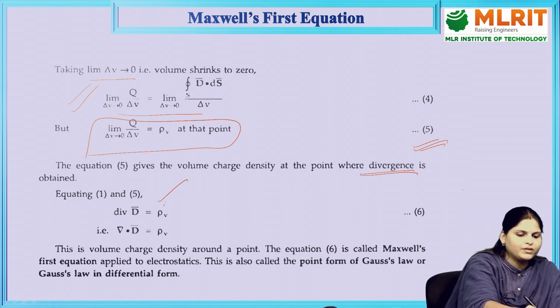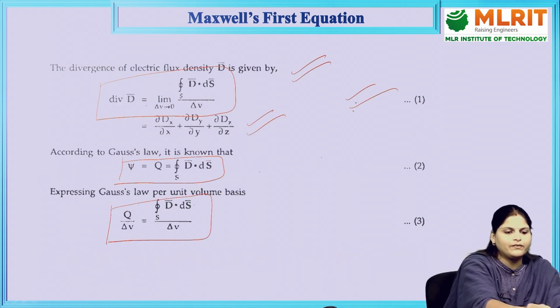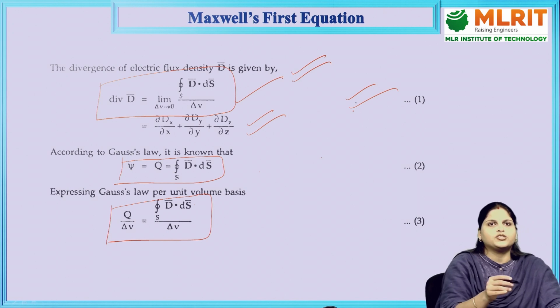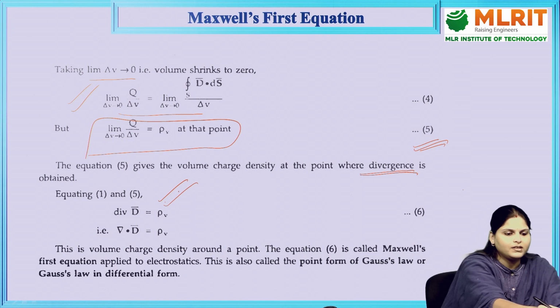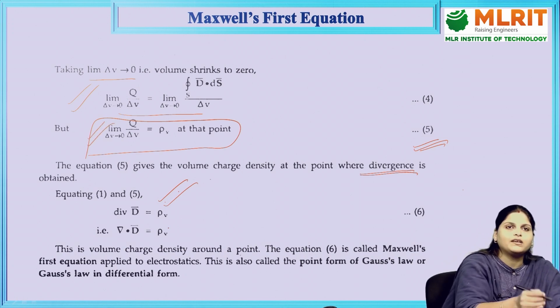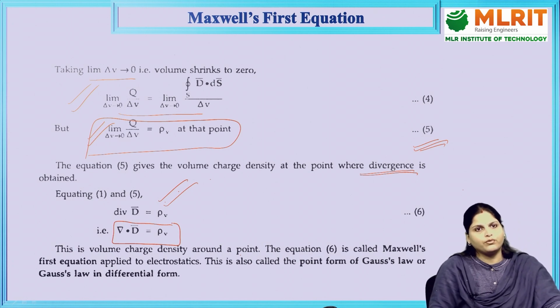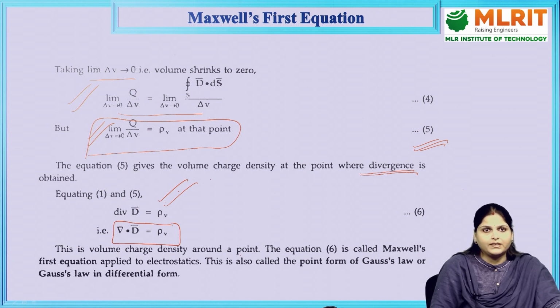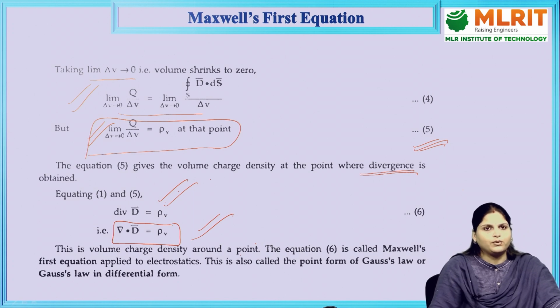Divergence of D is equal to rho V. Once again, going back to the first slide, we have divergence of D is equal to the integration of D dot ds upon del V, where the limit is del V tends to 0, and here we have got the same rho V. So we can equate it and write divergence of D is equal to rho V, which is generally written as del dot D is equal to rho V. This is the volume charge density around a point, and this equation is called Maxwell's first equation applied to electrostatics.